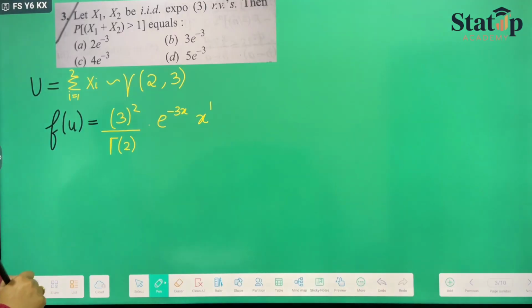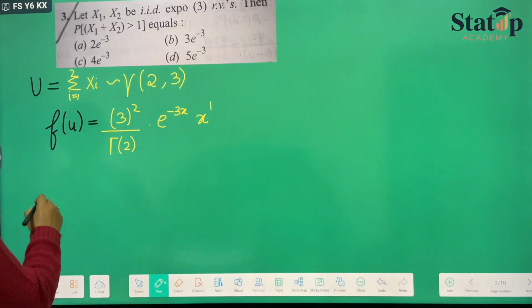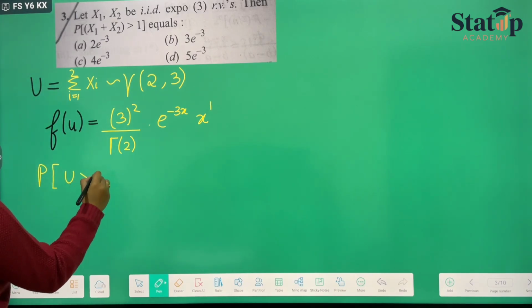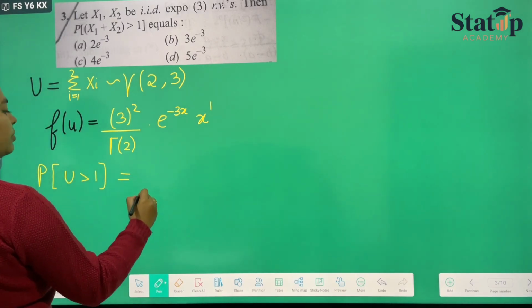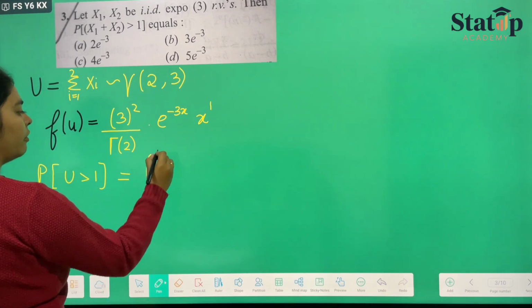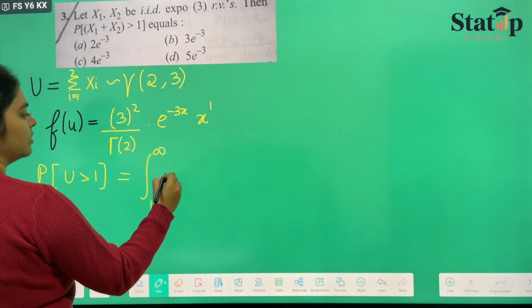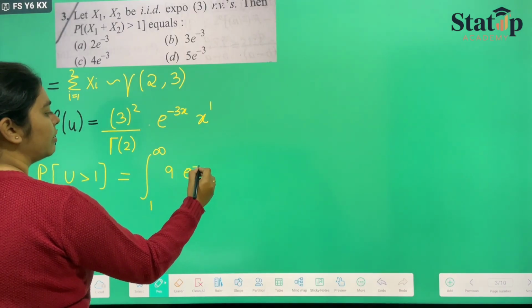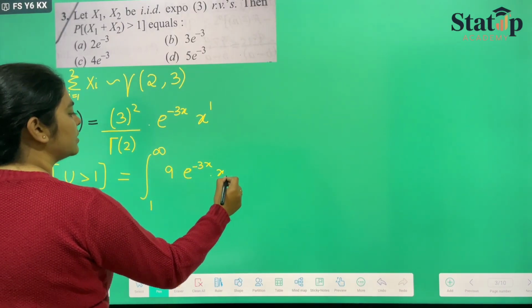This is the PDF, and they have asked us to calculate the probability of x1 plus x2, in place of which I can write u is greater than 1. So it will be integration from 1 to infinity fx, which is 9, gamma lambda is 1, e raised to the power minus 3x into x dx.